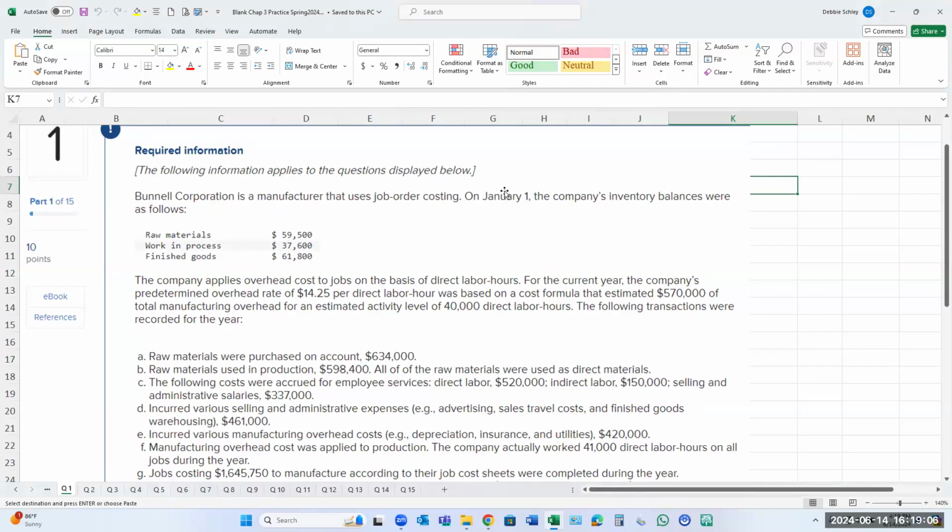And this is January 1st, so that tells us that these are all beginning balances, and that will be important later. The company applies overhead costs to jobs on the basis of direct labor hours.